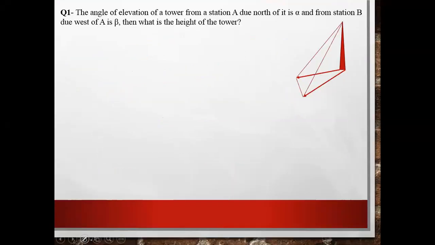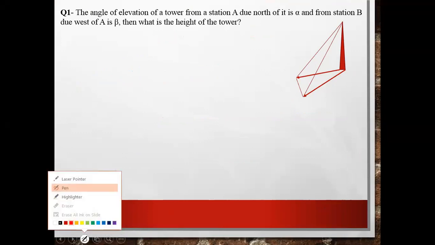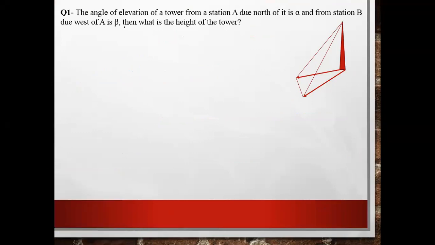Here we are given the angle of elevation of a tower from station A. Let me consider this station A and this OX as my tower of height h. A is a station, and from this station the angle of elevation is given as alpha.